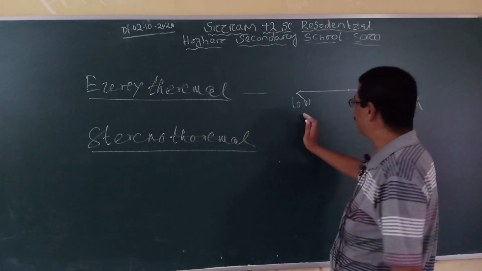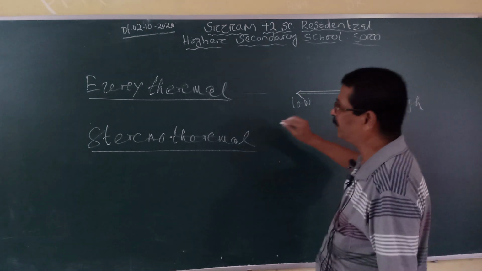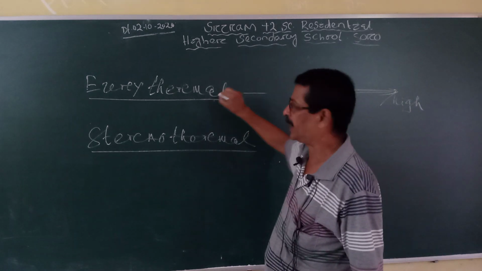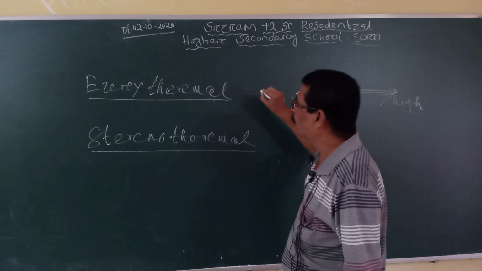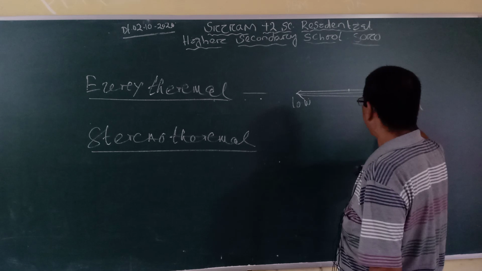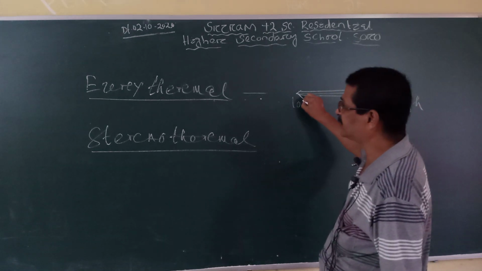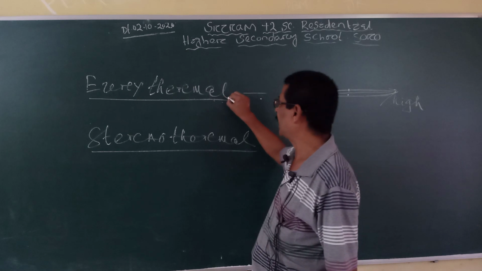The animals that can tolerate from very low to very high temperature are called eurythermal animals. The animals who can tolerate the wide range of temperature fluctuation or variation are called the eurythermal animals.